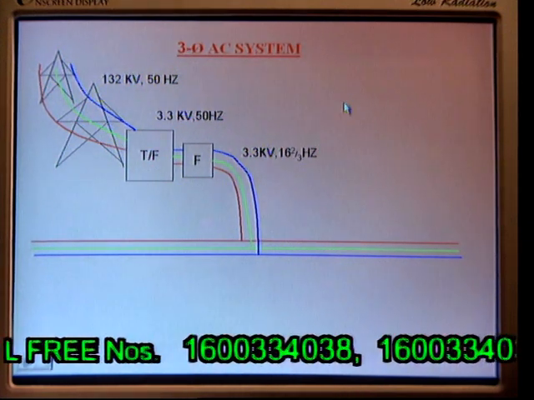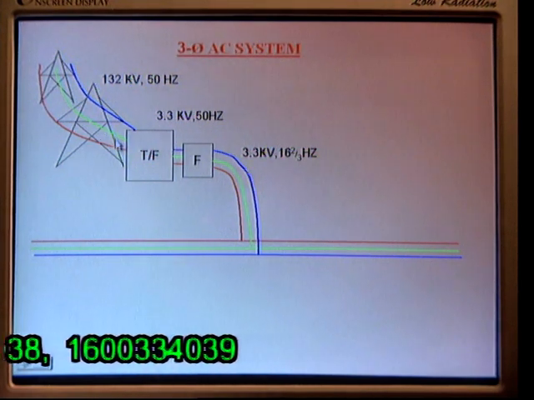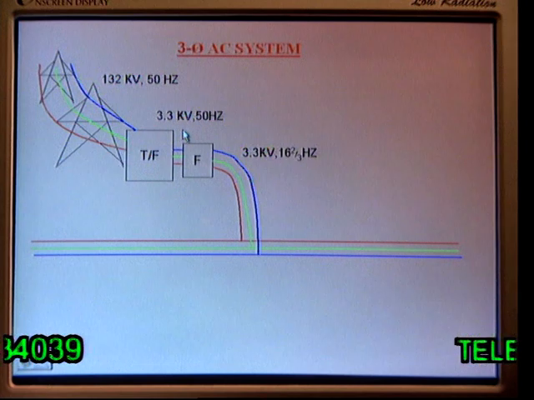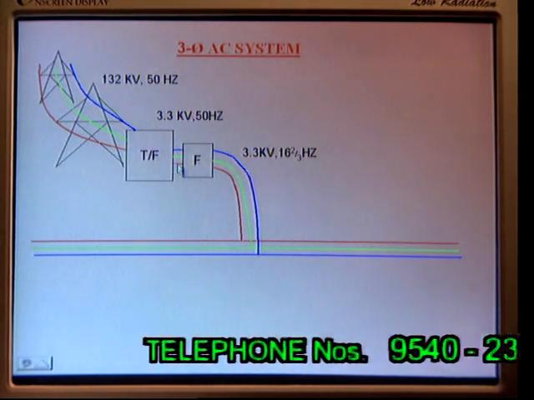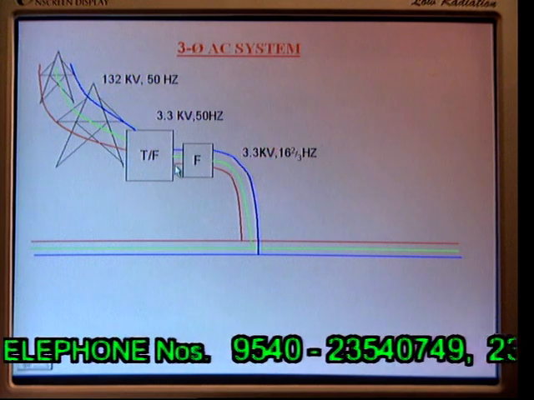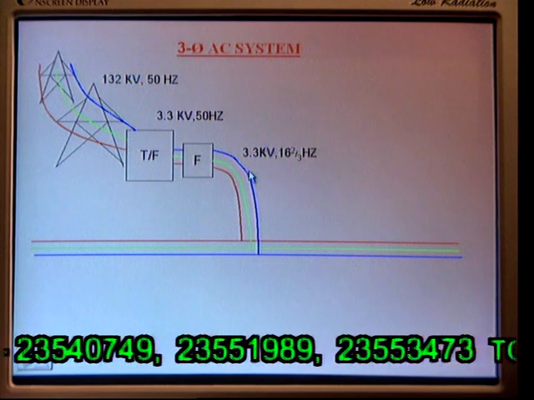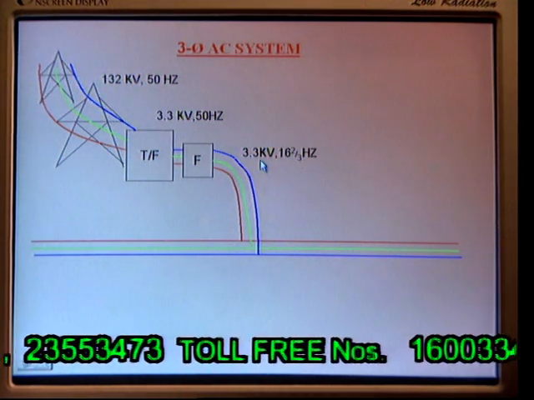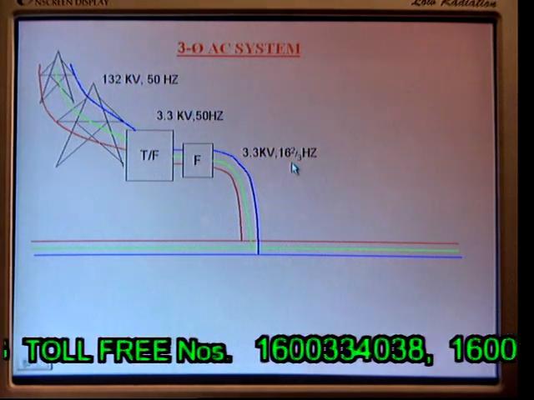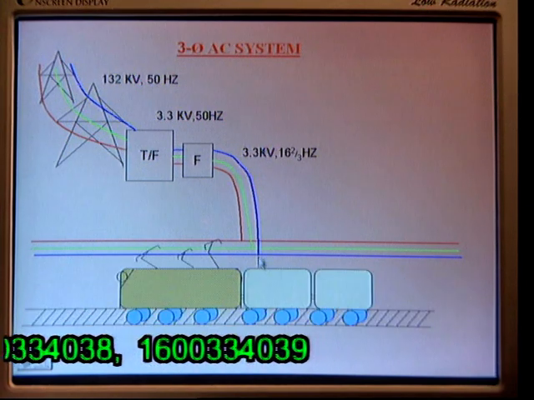Here, similar to the previous one, it takes a high voltage from the APSB and steps it down to 3.3 kV, 50 Hz. Here a frequency converter is required to reduce the frequency to a lower value. What are the advantages due to the lower frequency? We know that. And this 3.3 kV at reduced frequency 16 2/3 Hz is given to the 3-phase overhead lines.